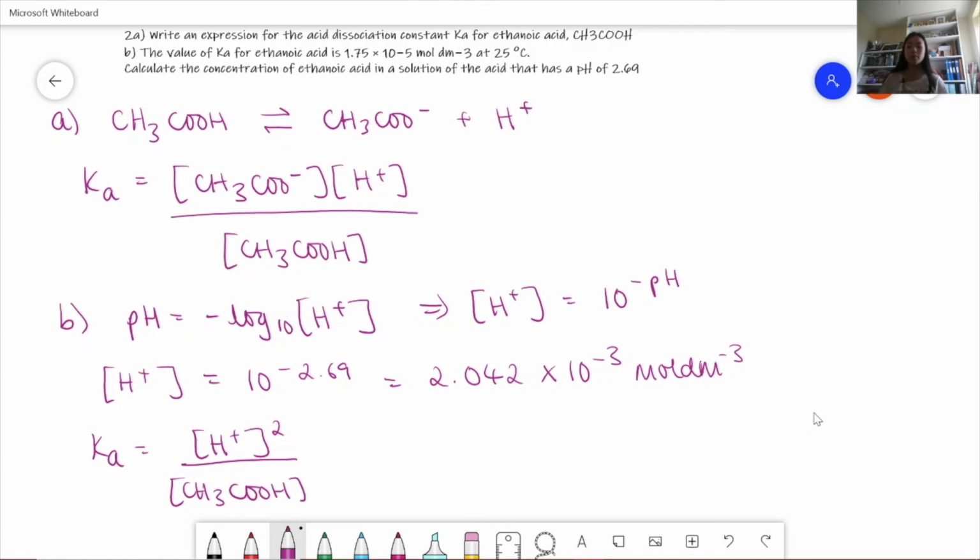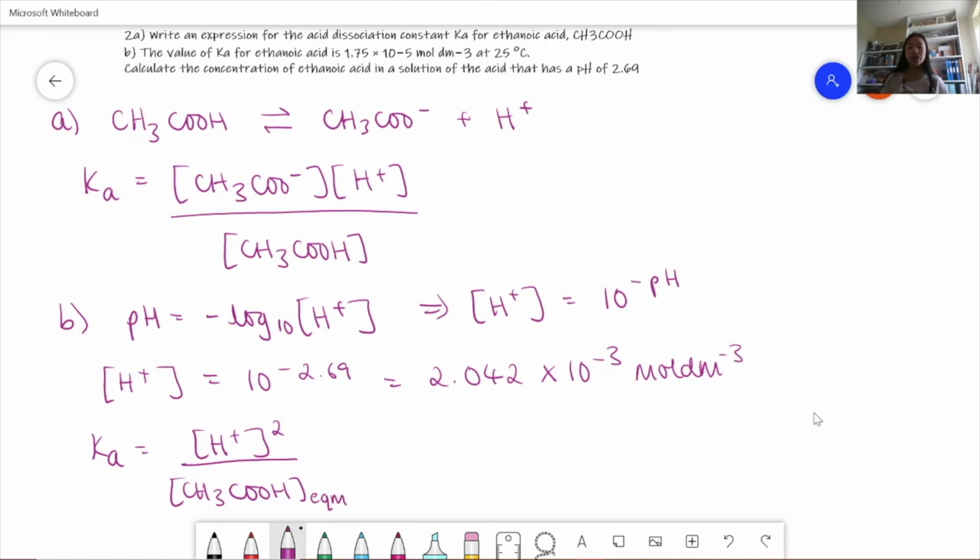CH3COOH. And what we also need to remember is that because the ethanoic acid is a weak acid, it doesn't completely dissociate. And so the concentration of the ethanoic acid used in this formula for the Ka is the one at equilibrium.